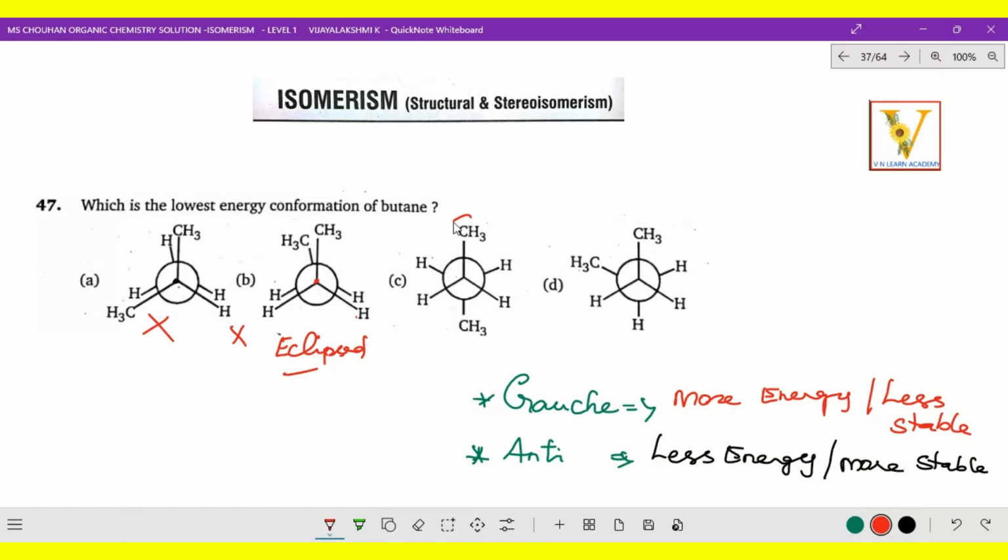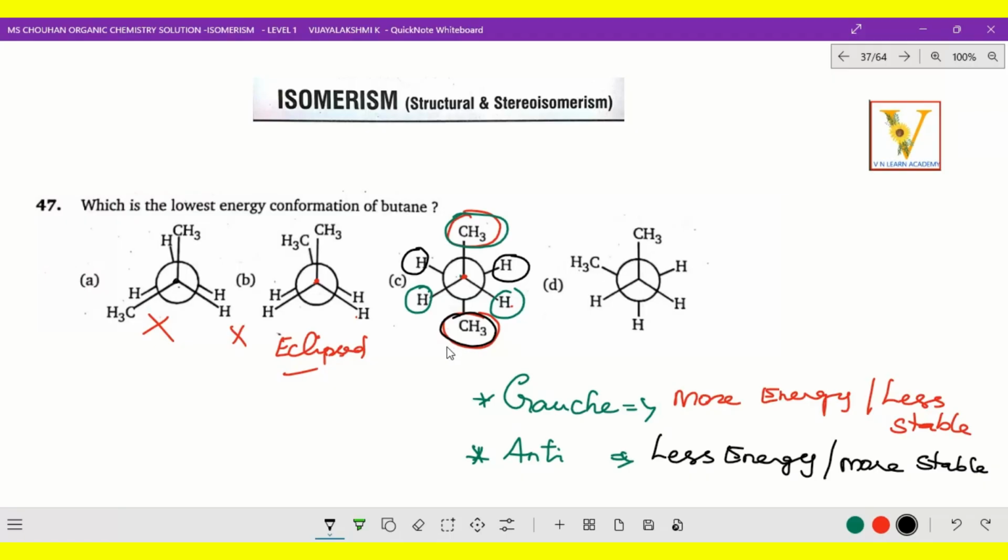Now come to the main point. Here CH3 is there, and just opposite, here CH3. So this is the front carbon and this is the back carbon. I put the CH3 in a different color so that you will identify it. Here the front carbon has CH3, H, H, and the back carbon CH3 is just opposite.